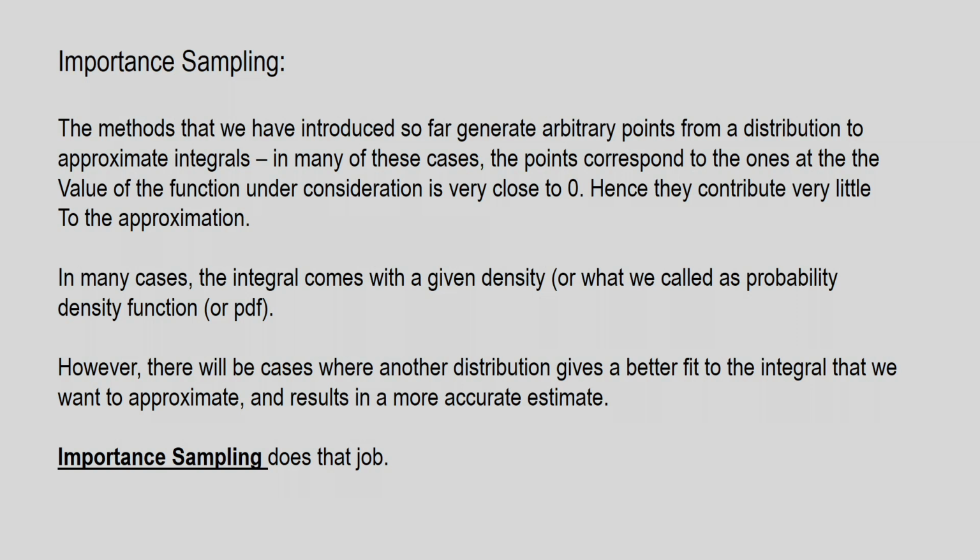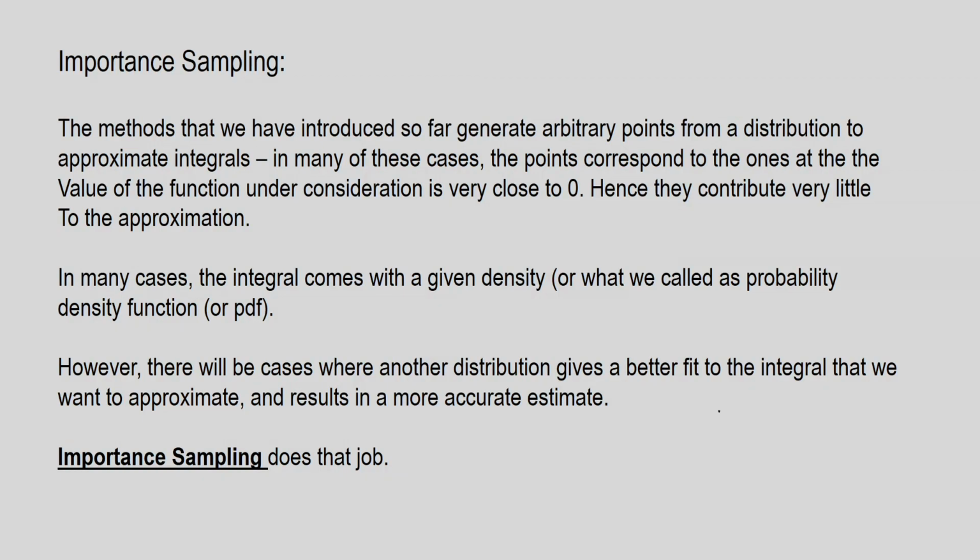In some cases you could have a better probability density function which gives a better estimate. They could be proportional to each other, or they could be different than each other, but we will have to make sure that that gives you a better estimate of the integral. So, if I am trying to understand what this importance weight is, let us see this old problem that we have done.